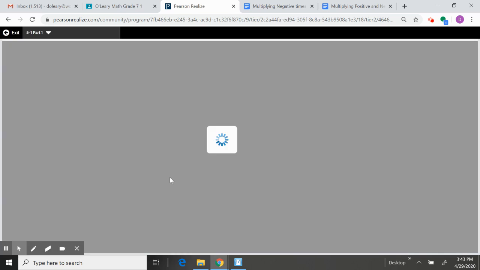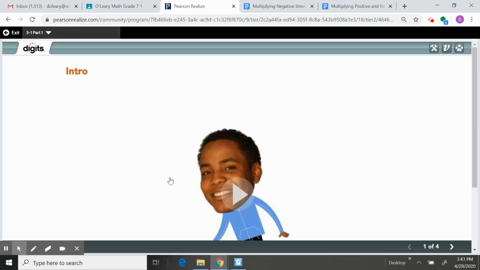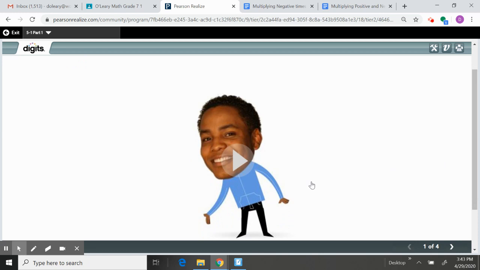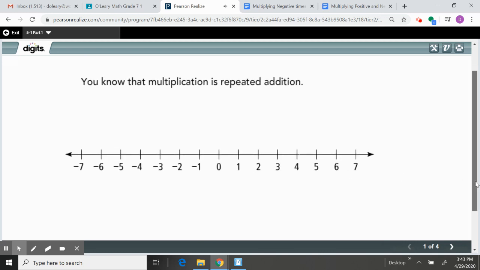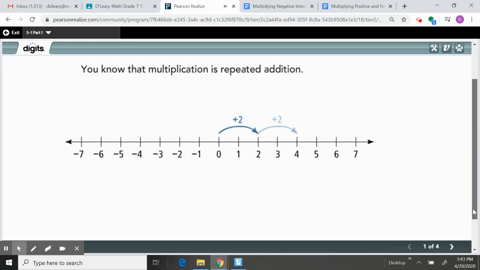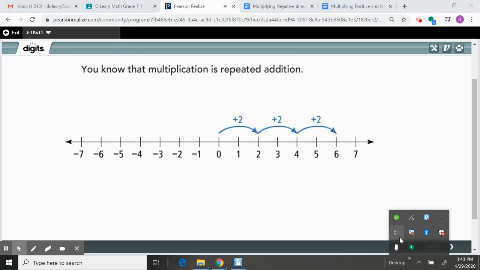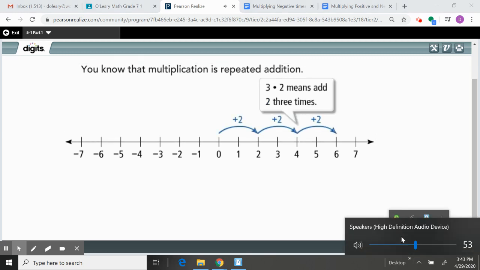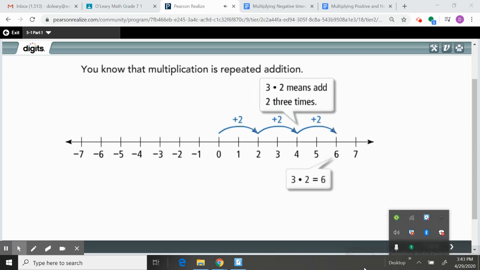You know that multiplication is repeated addition. The product 3 times 2 means add 2 3 times. 3 times 2 is 6.